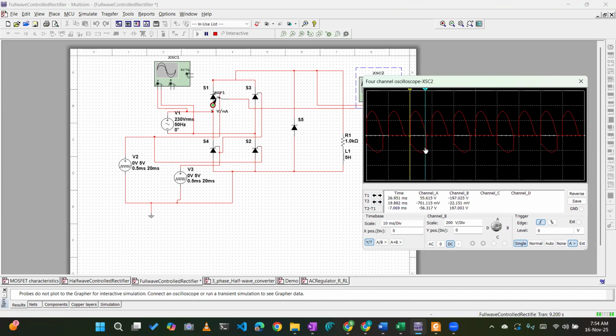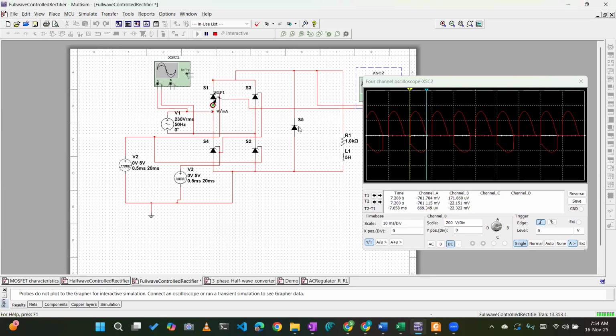Not exactly 8 milliseconds, it is 7.6 milliseconds. So 7.6 millisecond or 7.5 millisecond is your conduction angle. Conduction angle also comes from theory. What is conduction angle? The time for which the SCR is conducting.